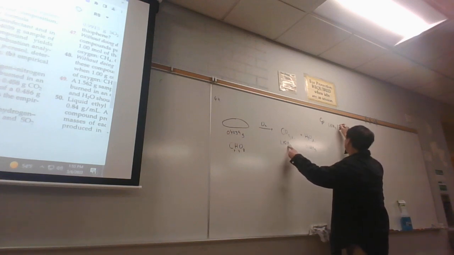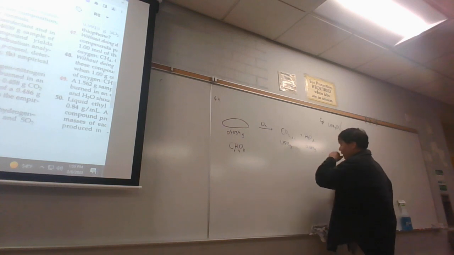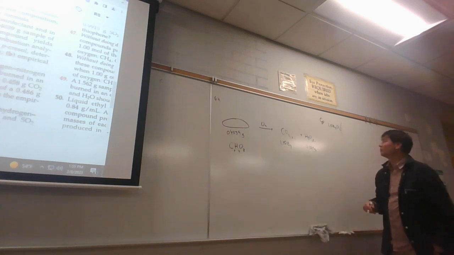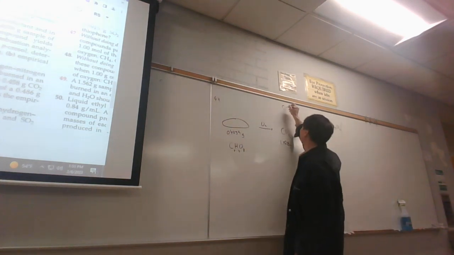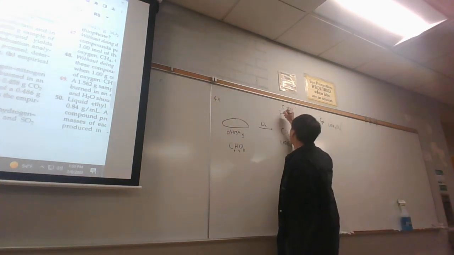1.1518 grams of carbon dioxide. And then I calculate the molar mass of carbon dioxide. Carbon is 12.01. And then I have two oxygens. Oxygen is 16.00, so that's 32.00. And so CO2 is going to be 44.01.